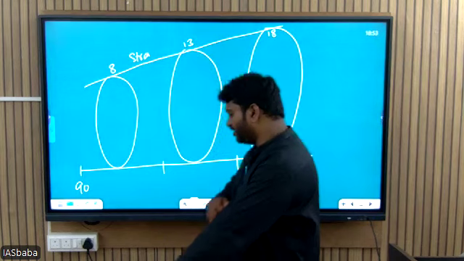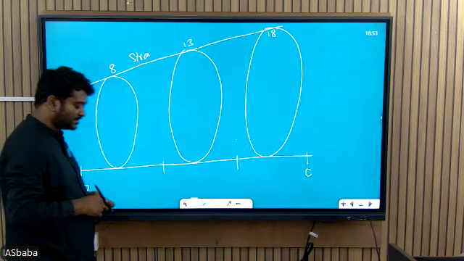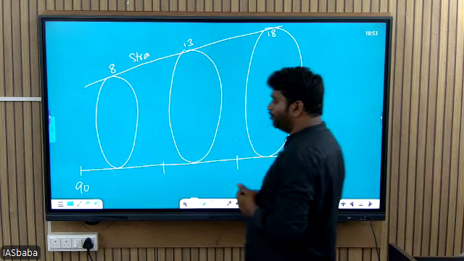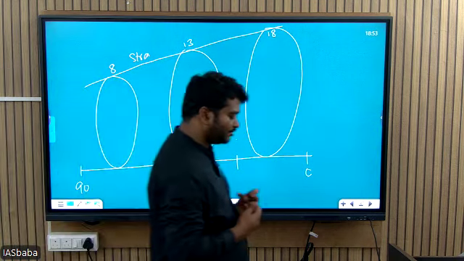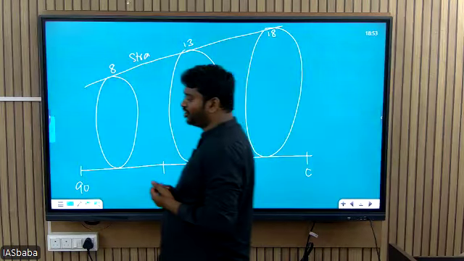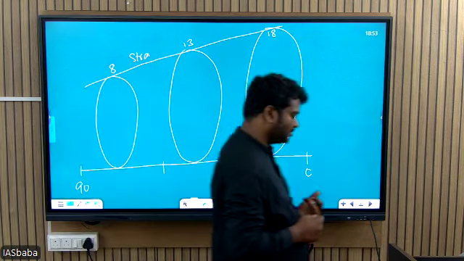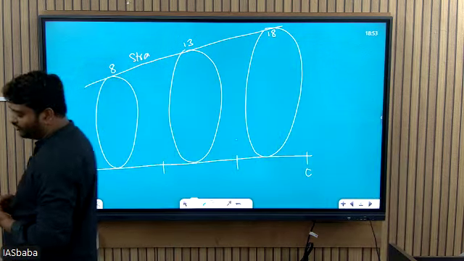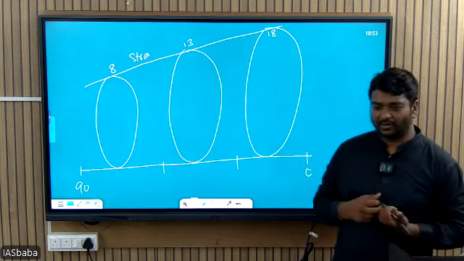Next. Second one, uncontrolled airspace - beyond 12 kilometers, there will be uncontrolled airspace, where the flights can move without restrictions.